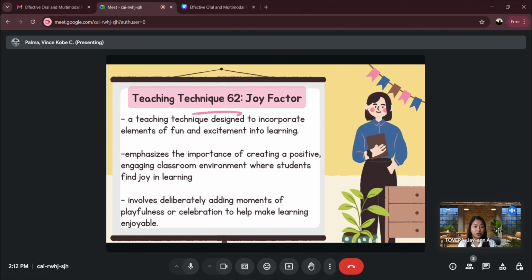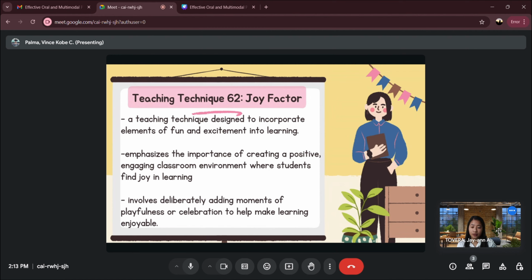Let me give you a story. Back when I was in college, there were teachers that were really boring and there were teachers that were humorous. I hope I am not one of those teachers on your boring list, but we cannot be funny or happy all the time inside the classroom, because our goal is to teach you our lesson, right?